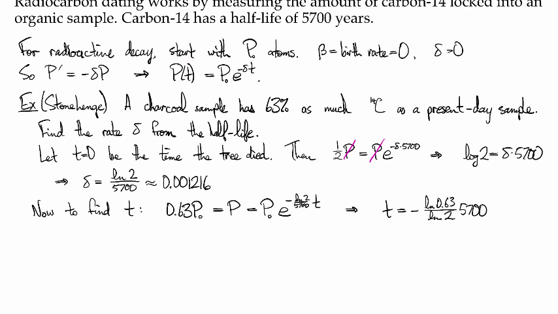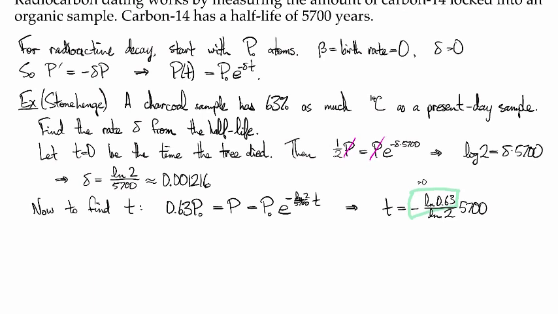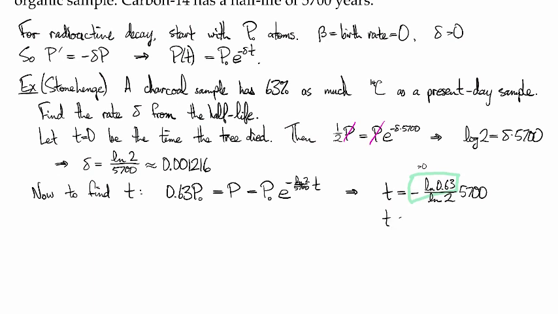And by the way, if this right here makes you nervous because it looks negative, realize that 0.63 has a negative logarithm value, so that entire quantity in the parentheses there is actually a positive number. And so our time comes out to being around 3,800 years ago.